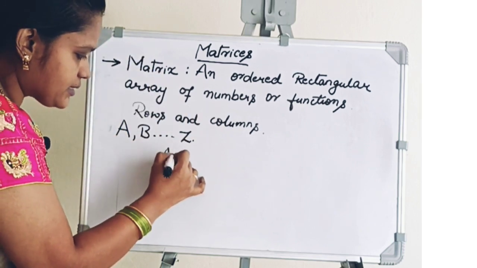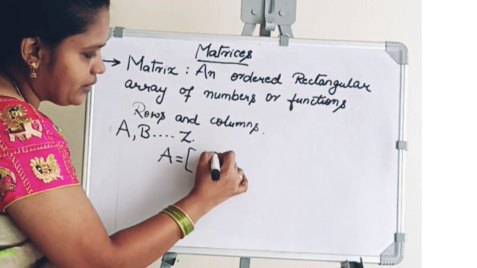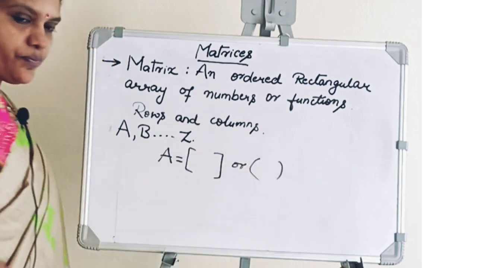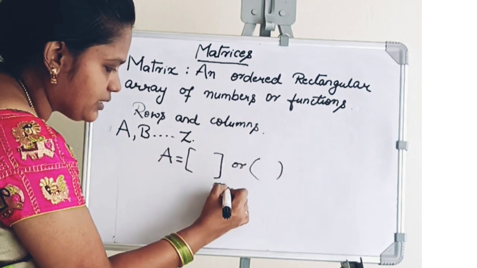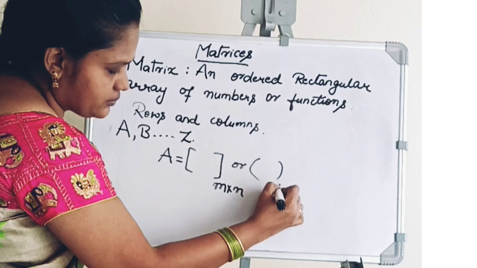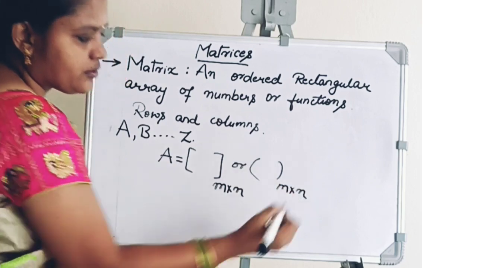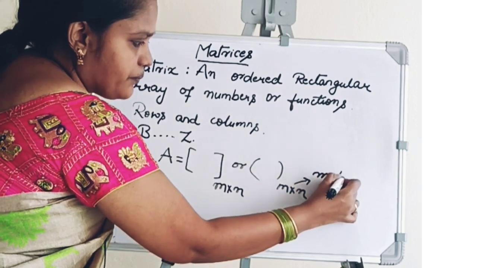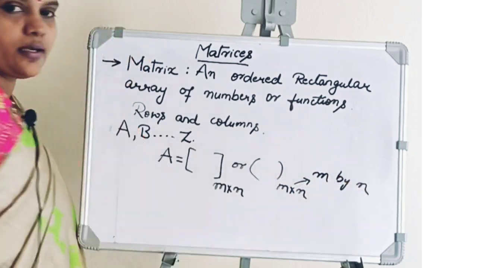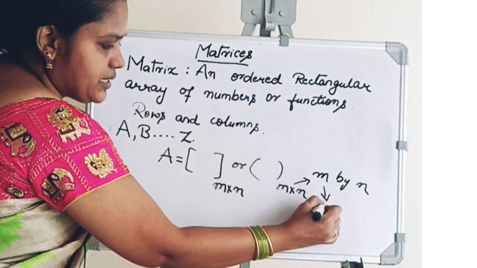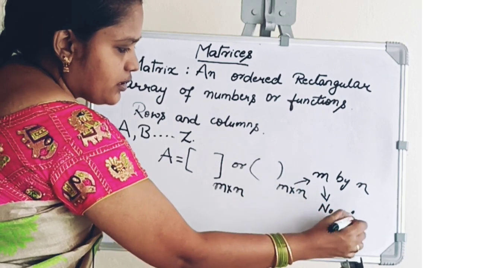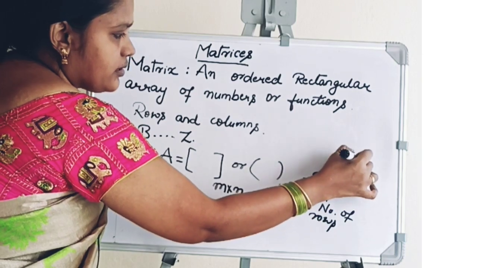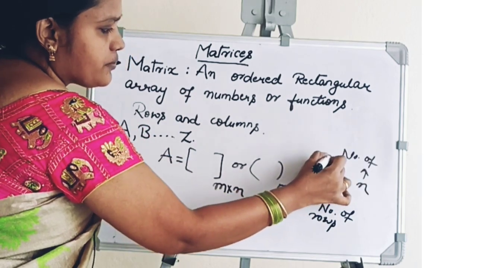And it is enclosed by brackets and always with the order. Usually we call this or read as m by n, where m is number of rows and n is number of columns.